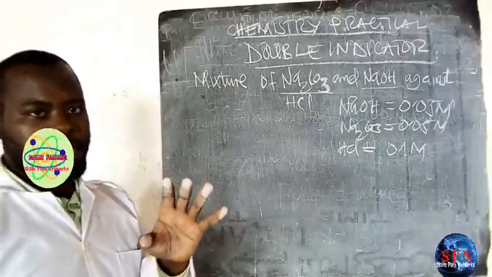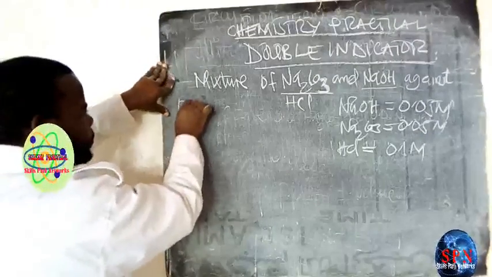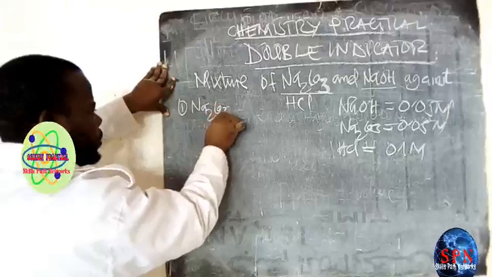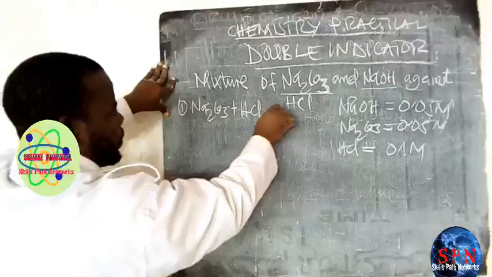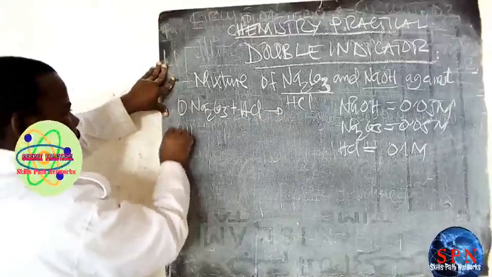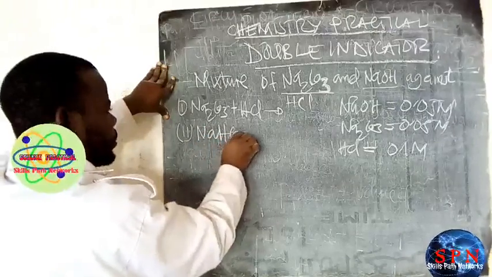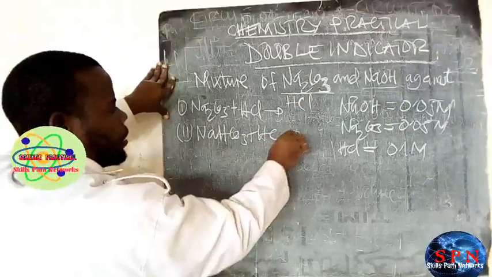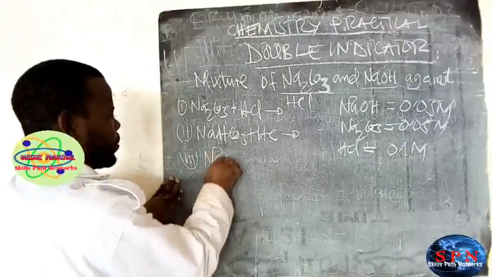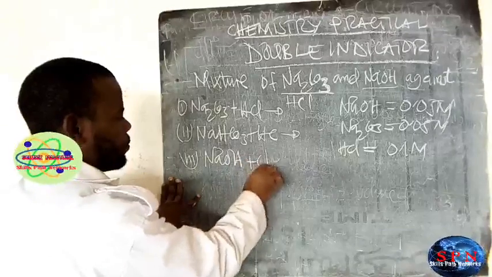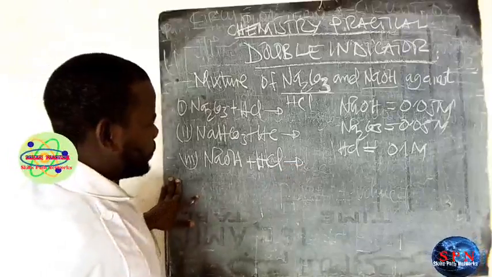The first reaction is sodium carbonate and hydrochloric acid, giving a product. The second is sodium hydrogen carbonate plus hydrochloric acid, giving a product. The third is sodium hydroxide plus hydrochloric acid, giving a product.